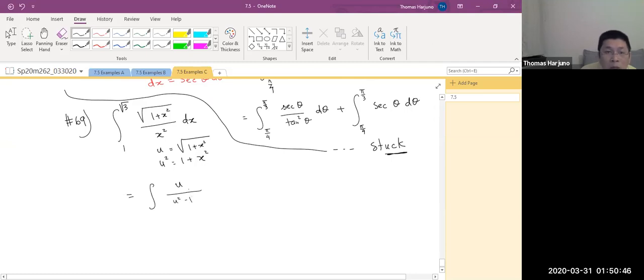And how about the dx? 2u du equals 2x dx. The 2 cancels, and x will be the square root of u squared minus 1.